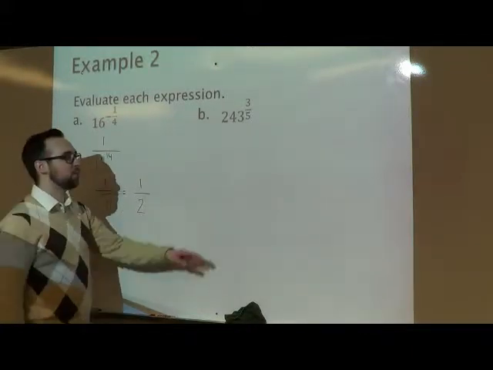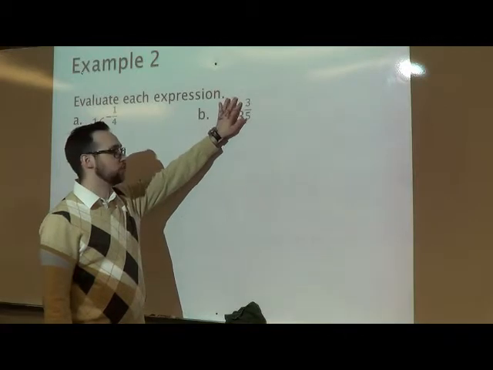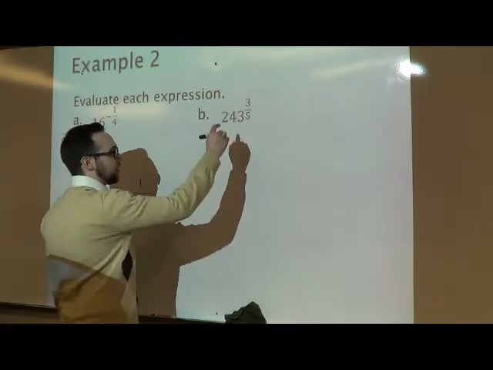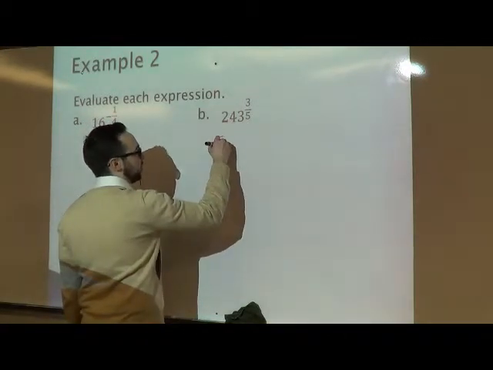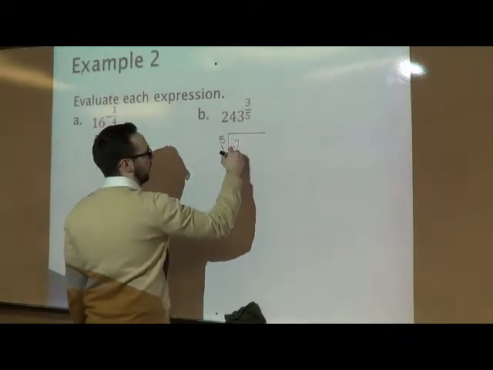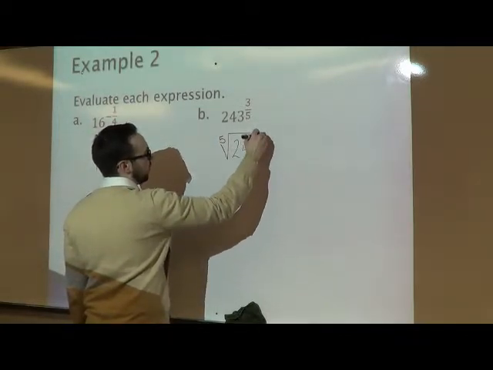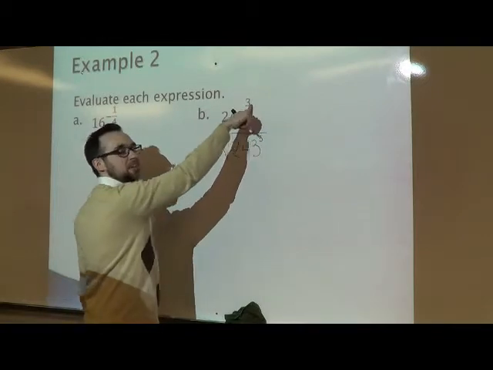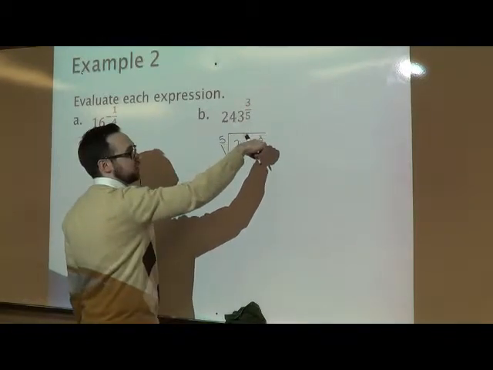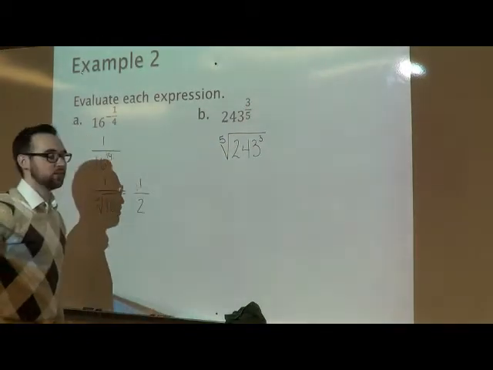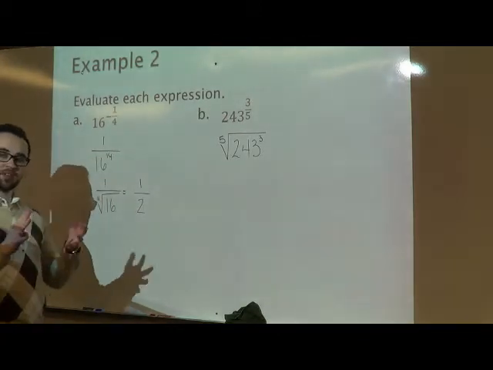Now what happens when we have numbers besides 1 in the numerator here? Well, what that tells us is we're looking at the 5th root, because that's our denominator, of 243 cubed. Whatever that is, it's still an exponent. It's telling you what power you're raising it to. Now you can do this a couple of different ways.